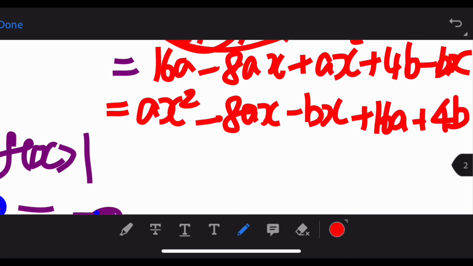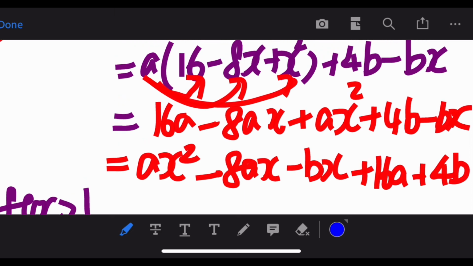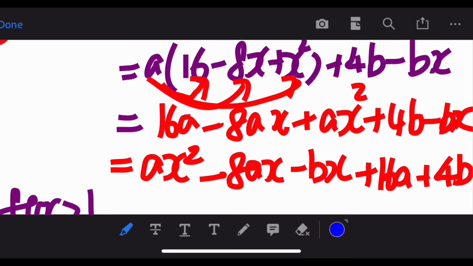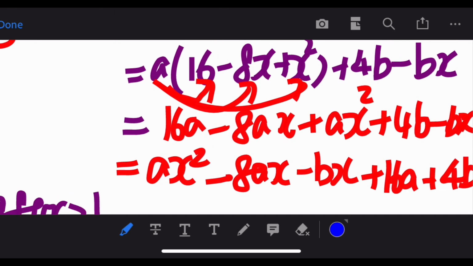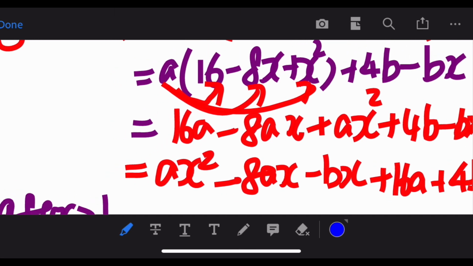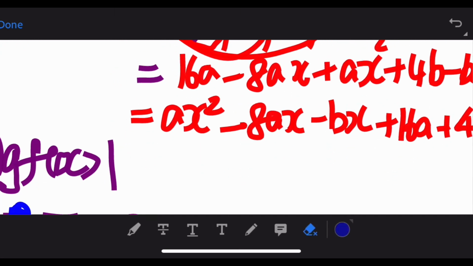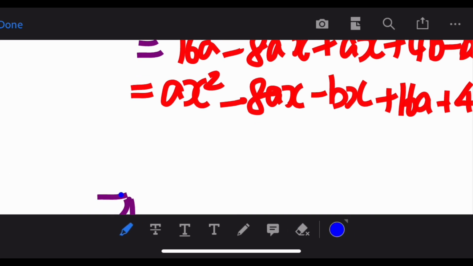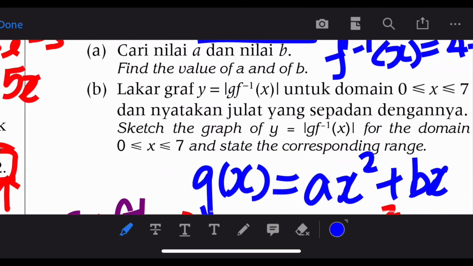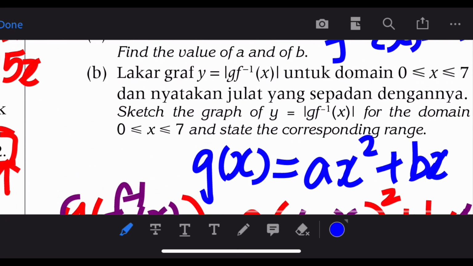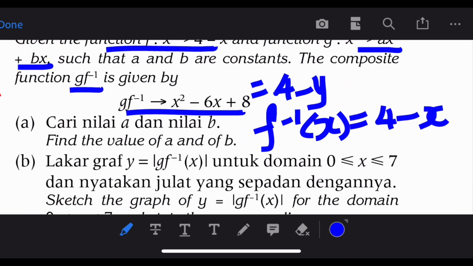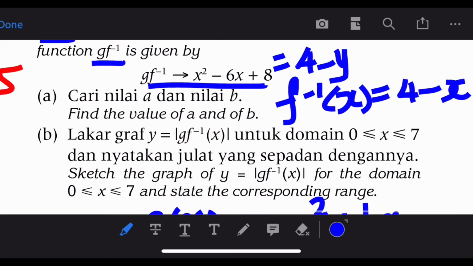So this is ax squared minus 8ax minus bx plus 16a plus 4b. After I check already, I'm going to compare. The one given in the question is, let's see, it is given here.